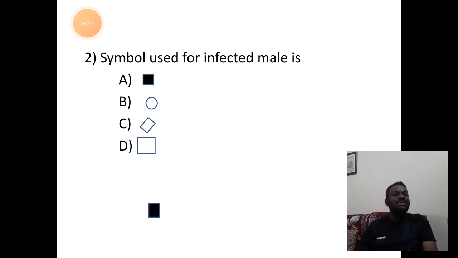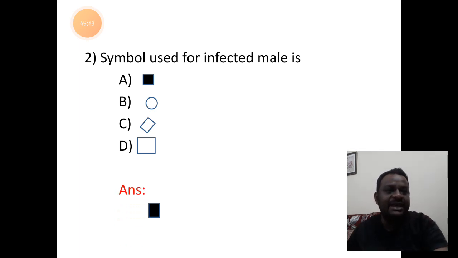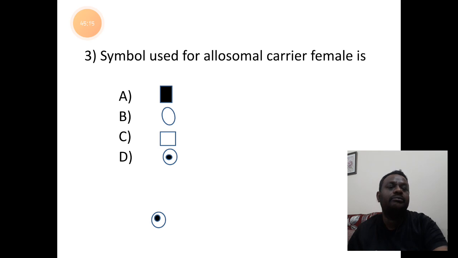The symbol that is used for an affected male or infected male. Males are represented with a square box, but it should be shaded. Answer is A. The symbol which is used for an allosomal carrier female. Autosomal carriers are also there, which include both males and females, where the symbol is half shaded.